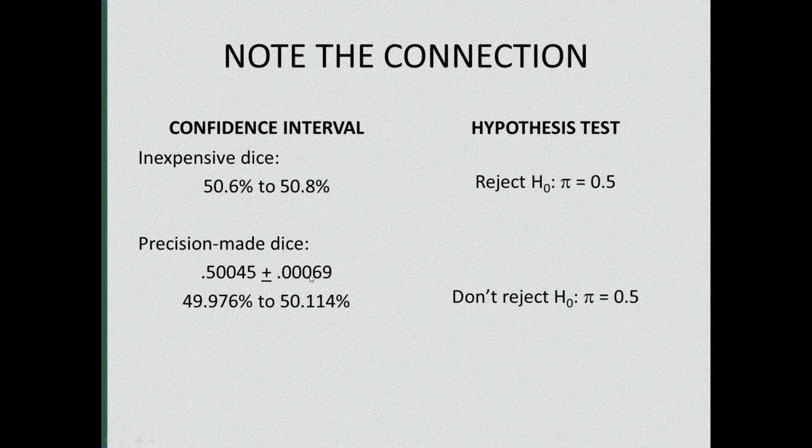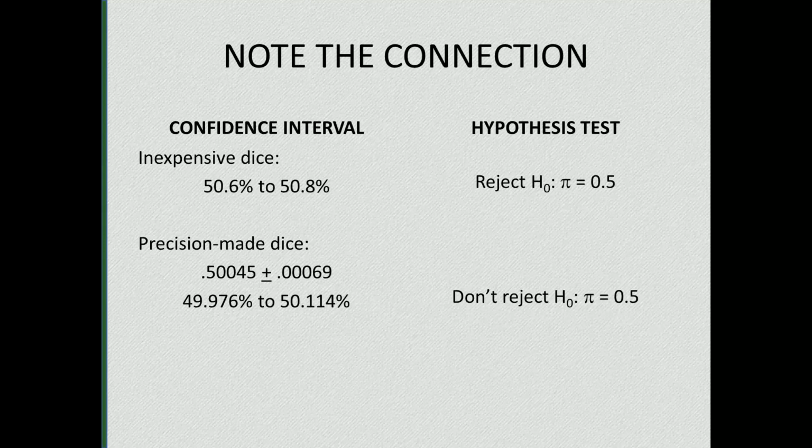If you work through a similar confidence interval for the precision dice, you'll get this result, somewhere between 49.976 and 50.1 and some change percent. And once again, we don't know exactly what it is, but 50% is in this interval. It's entirely plausible that the chance of an even number on the precision dice is 50%. We are not rejecting that hypothesis.